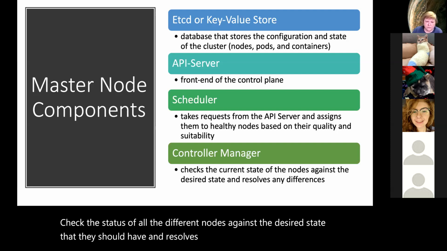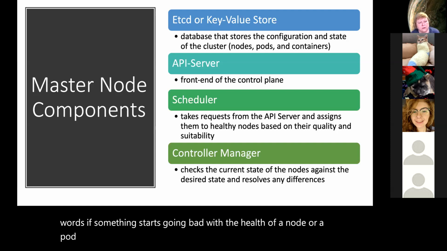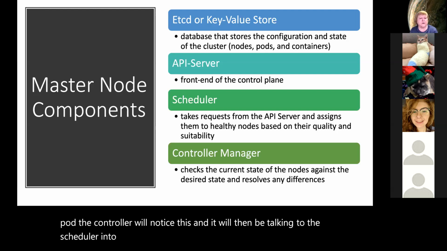So in other words, if something starts going bad with the health of a node or a pod, the controller will notice this, and it will then be talking to the scheduler and to other parts of the system to figure out what to do about the situation that it's found.